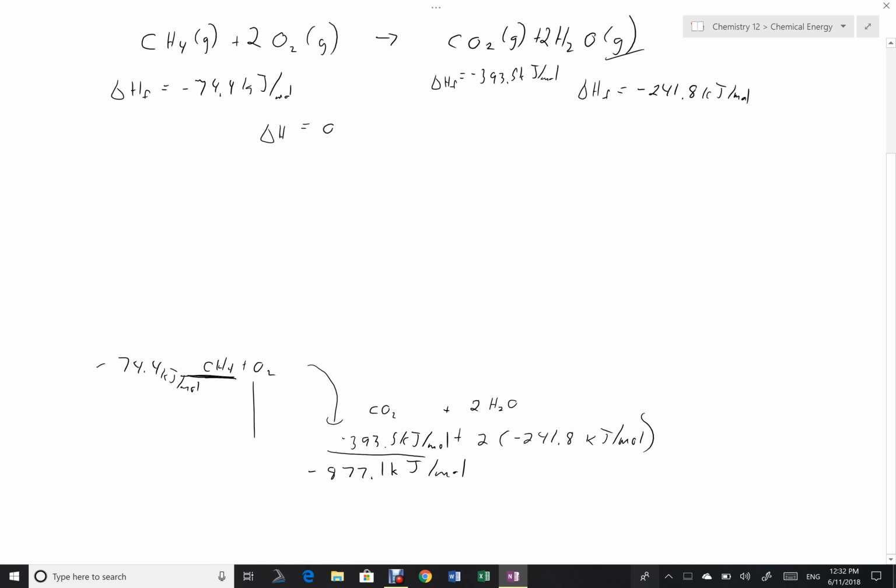So now if I want to know what this delta H is, I started at negative 74.4, so I'll call that delta H of my reactants, and I ended here. Okay, this is confusing.